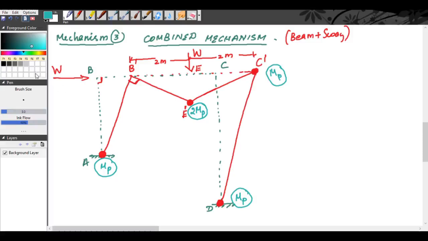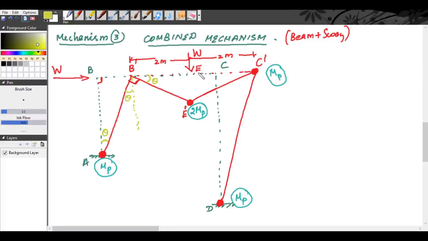Now, what about the angles? See, these both angles will be same. If this angle is theta, this angle also will be equal to theta. What about this angle? This angle will be equal to theta.